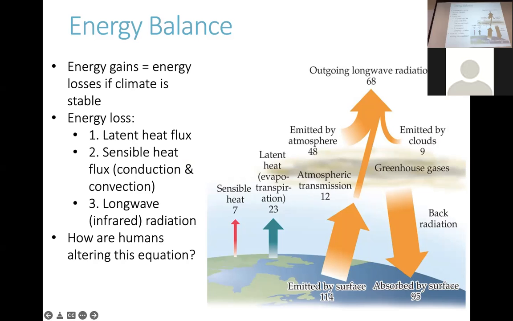CO2 has the next biggest effect, right? Yeah, CO2 is number 2. Methane is number 3. This is overall reflection of radiation back down to the Earth. There is a ton of water in the atmosphere. There's a lot of CO2 in the atmosphere. There's not a whole lot of methane in the atmosphere, but it is a really effective greenhouse gas.